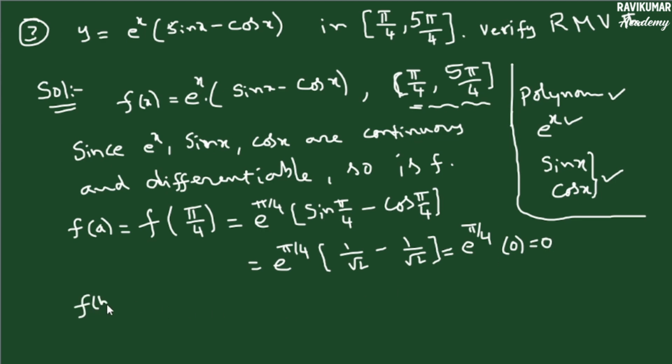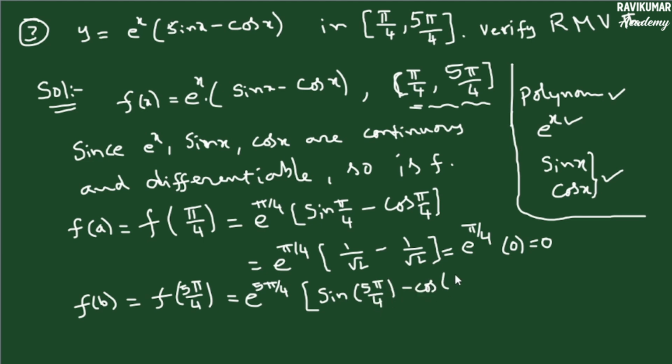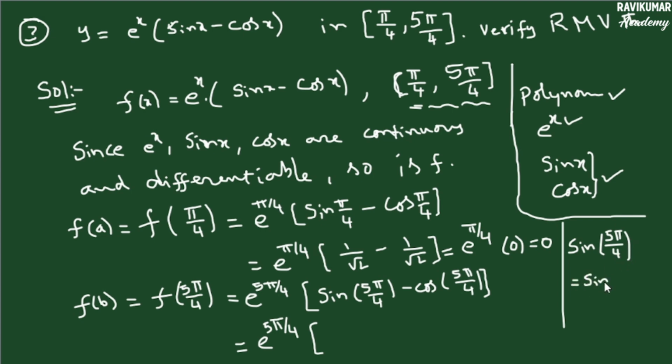And coming to f(b), that is f(5 pi by 4). It is e power 5 pi by 4 into sin 5 pi by 4 minus cos 5 pi by 4. What is sin 5 pi by 4? It is sin of pi plus pi by 4.